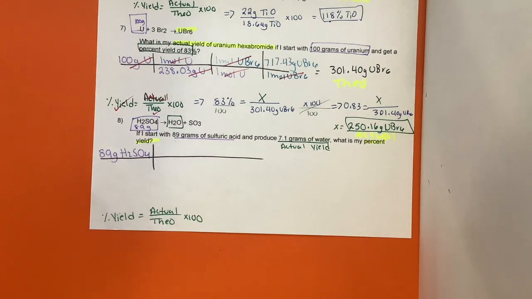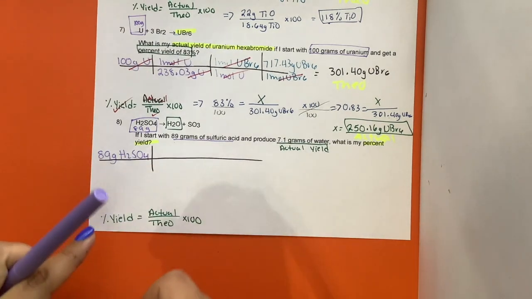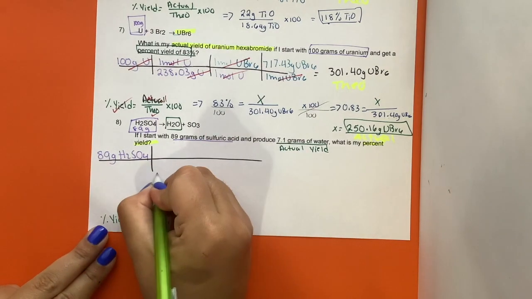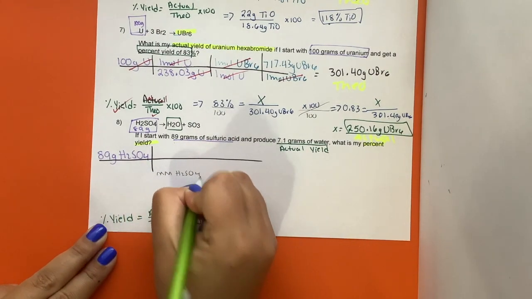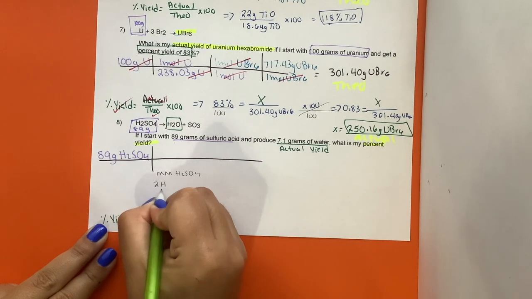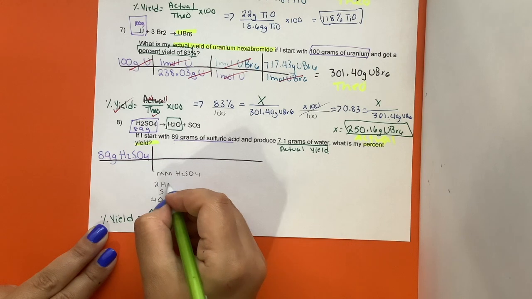Okay, so my first step is going to be to do the molar mass of H2SO4. So I have 2 hydrogens, 1 sulfur, and 4 oxygen.